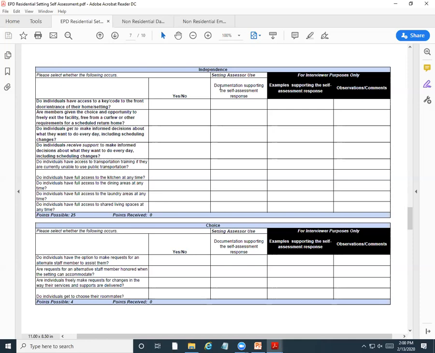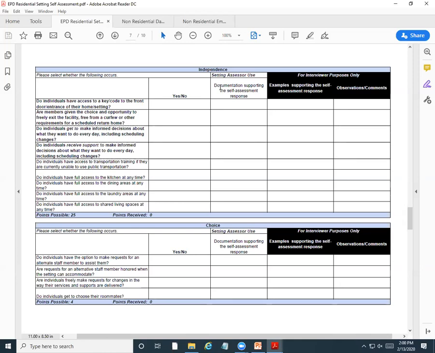This could be maybe I have a particular need that's unique to me as far as showering or something. I have a preference. Those kinds of things are, my guess, things that are already accommodated, but that would be an example of a couple of ideas.